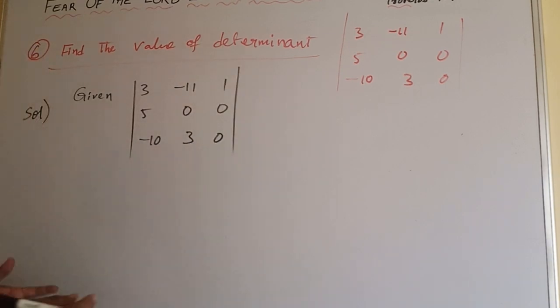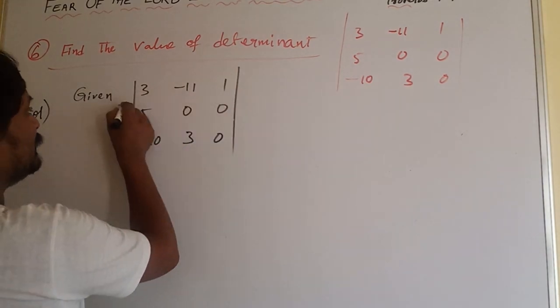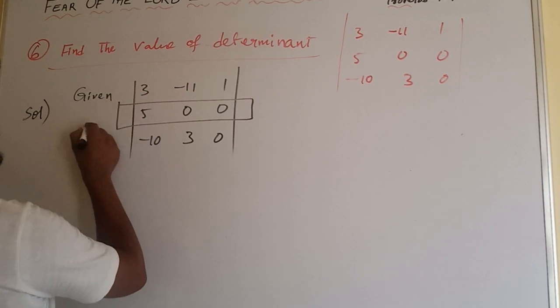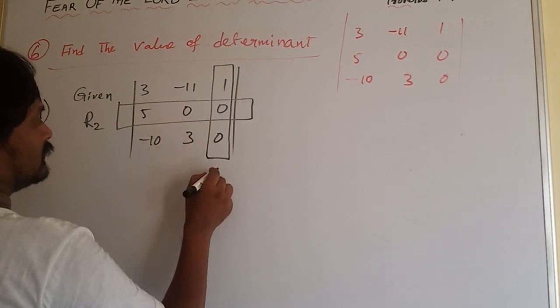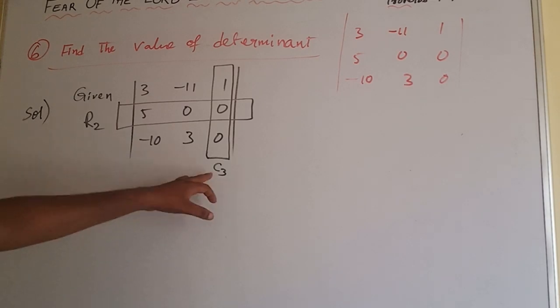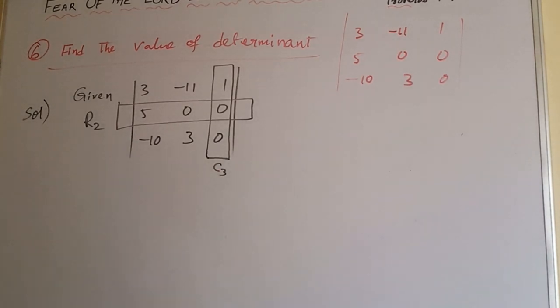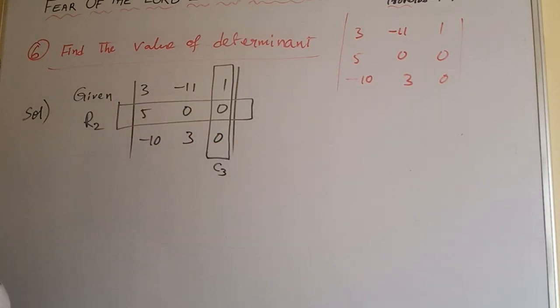See, you can take anything easily. Here two zeros are there, so it becomes an easy calculation. You may consider this second row or the third column, whichever you want. I go for the third column so that it becomes very easy, because the zeros are there.